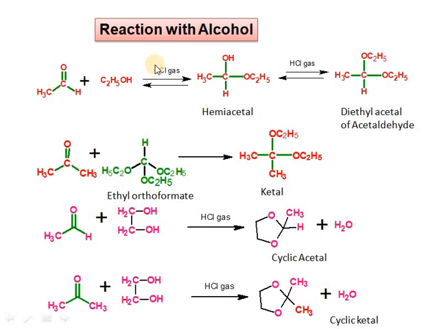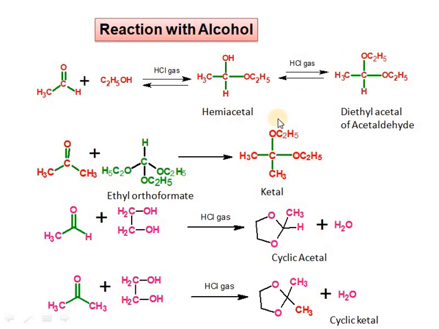Next reactions, the reactions with alcohol. So this aldehyde can be treated with alcohols. When an aldehyde is refluxed with alcohol in the presence of HCl gas, they undergo addition to give an intermediate, right?